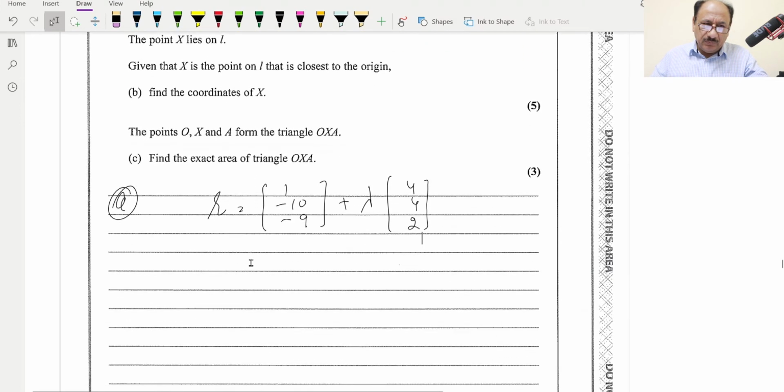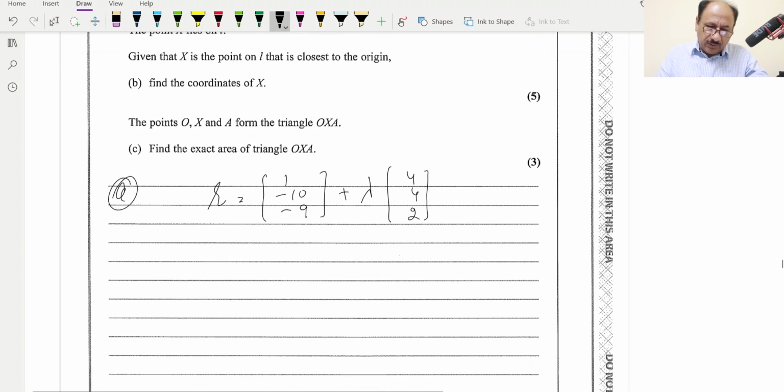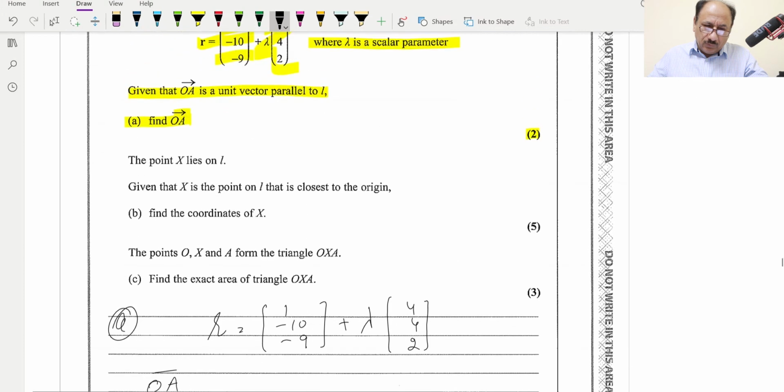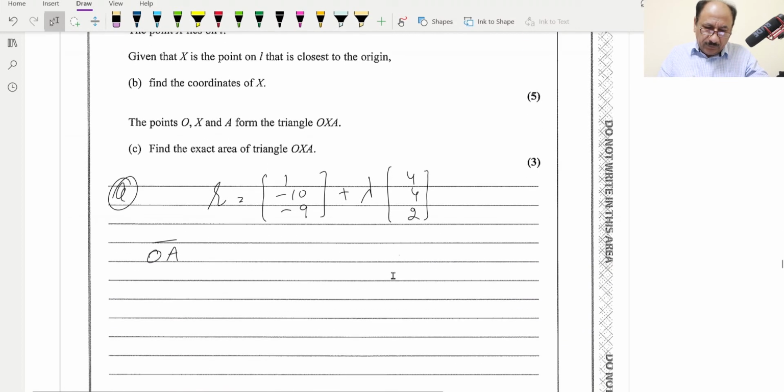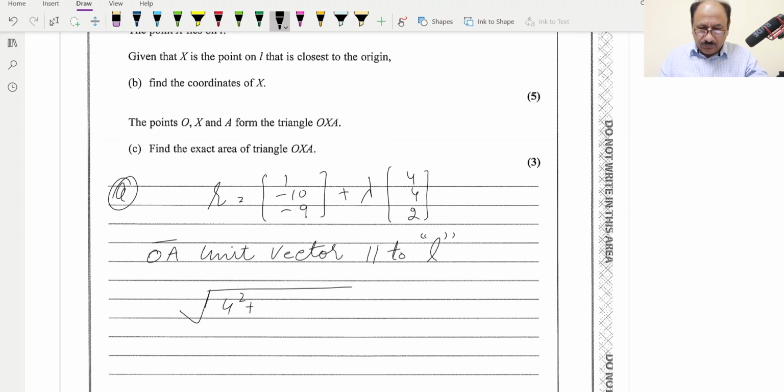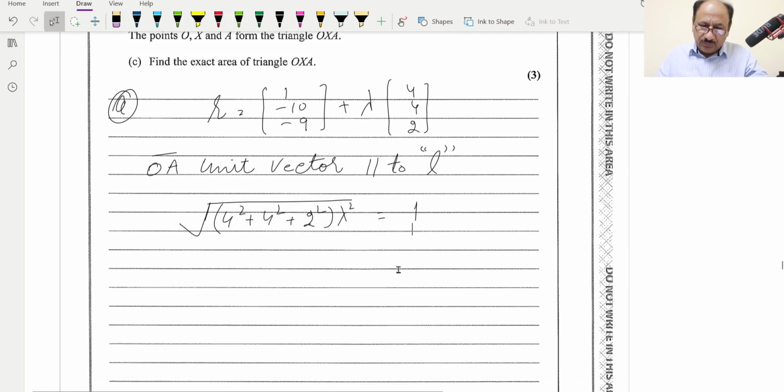OA unit vector is parallel to L. So we can take the magnitude, which will be the square root of 4 squared plus 4 squared plus 2 squared into lambda squared, and this will be equal to 1, because this is a unit vector, so its magnitude will be 1.